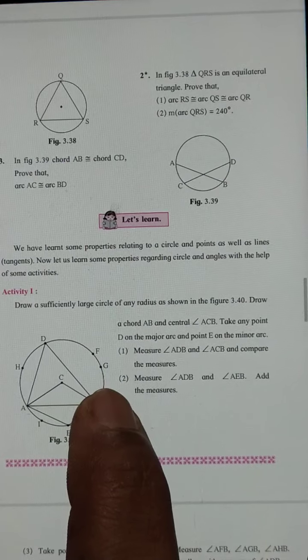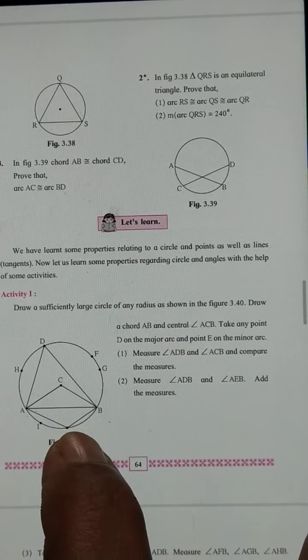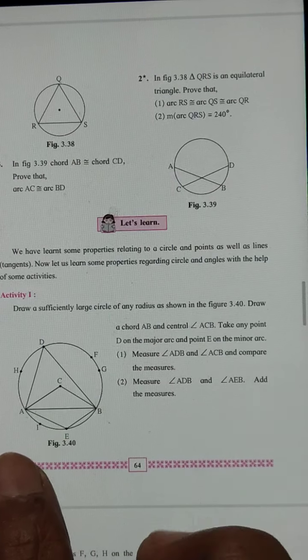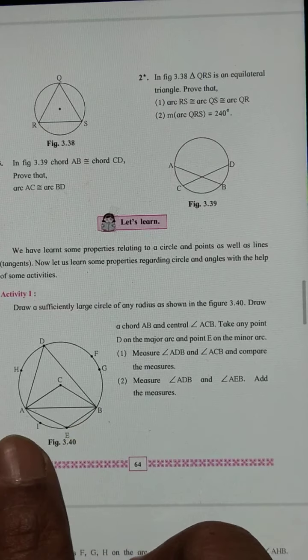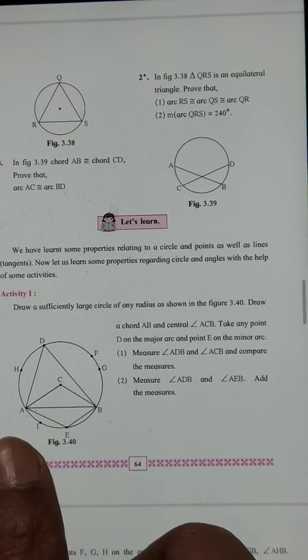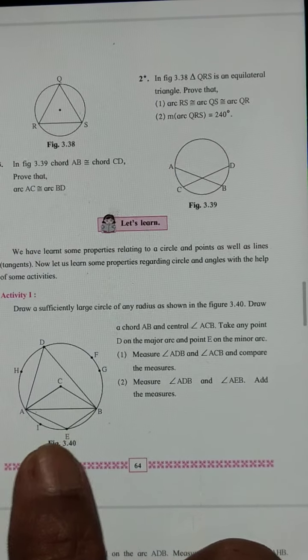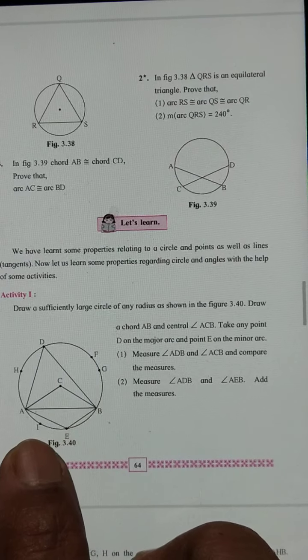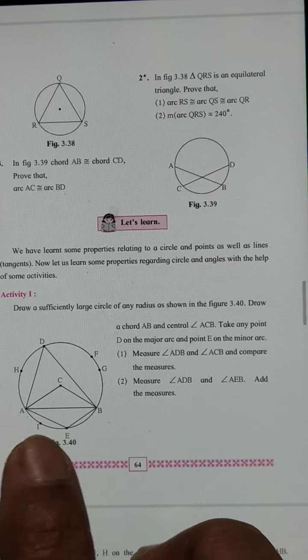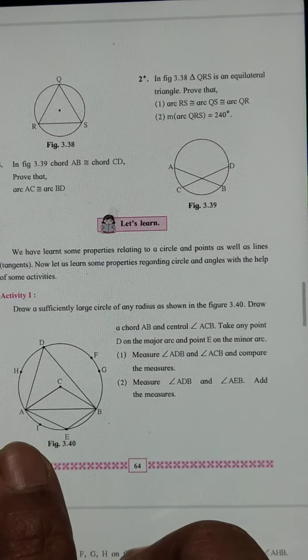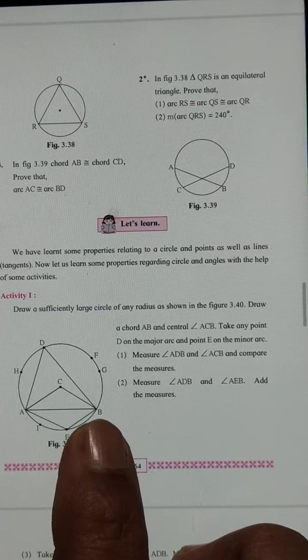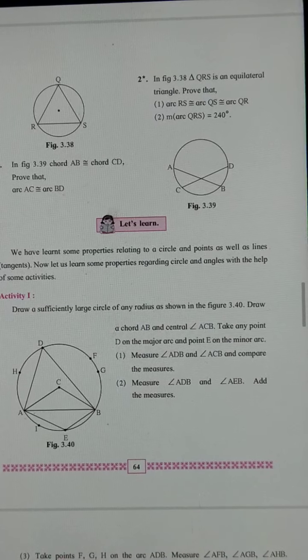In this way, you can find also here angle AEB congruent angle AIB. Why? Because these two angles are on the same arc, that is arc AEB.